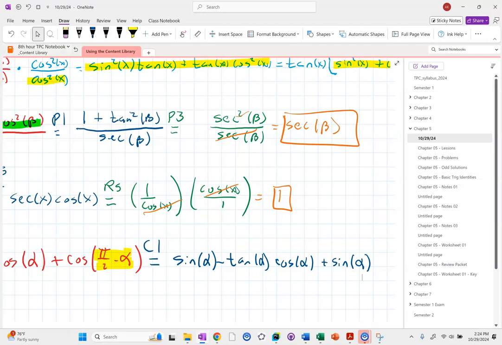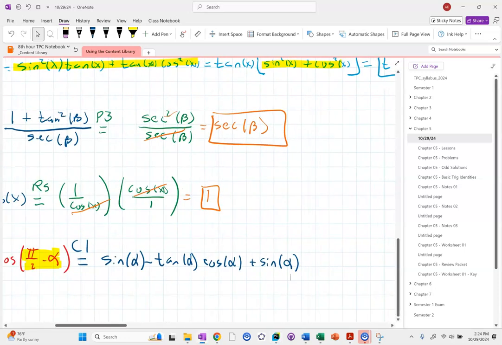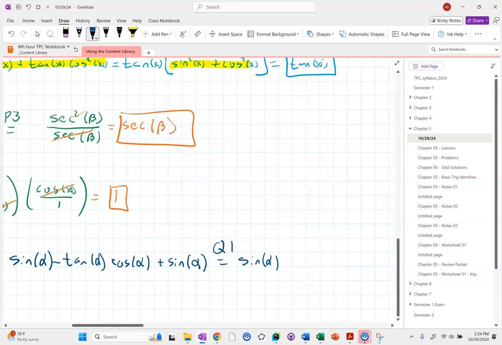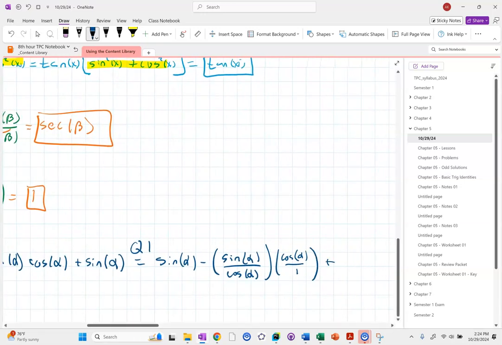Good job. What's the other one we could use? Well, Bella, can you tell us the other identity? I said there's another one we could use here. Q1 is correct. Q1 allows us to rewrite the tangent as sine over cosine. Very good.